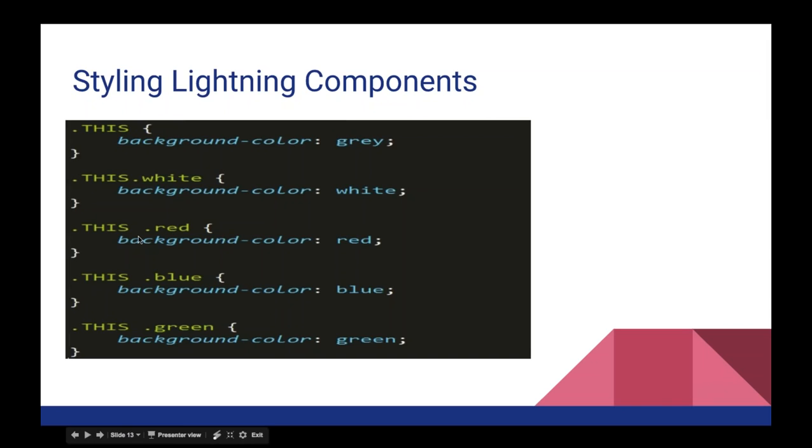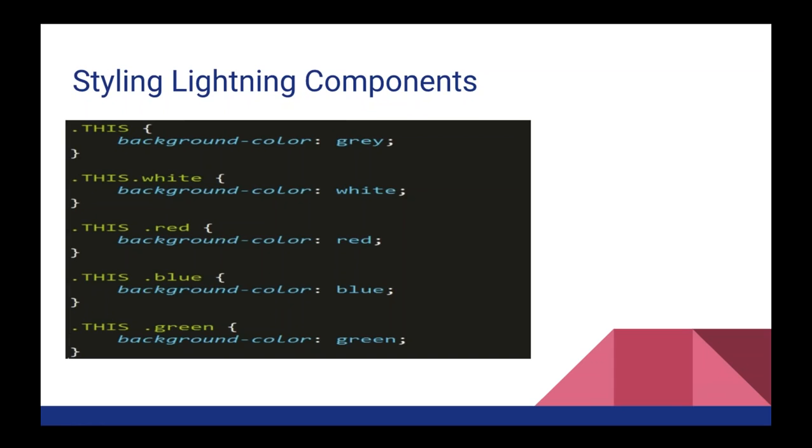But if you put a space and then put the class name and then write the style sheet, it's not going to override it. It's going to follow your hierarchy. It's going to look at the parent class and then the child class and try to follow the DOM hierarchy or the exact CSS hierarchy that we have. So there are different ways to style this. If you're using SLDS, then you don't need to do all these things.